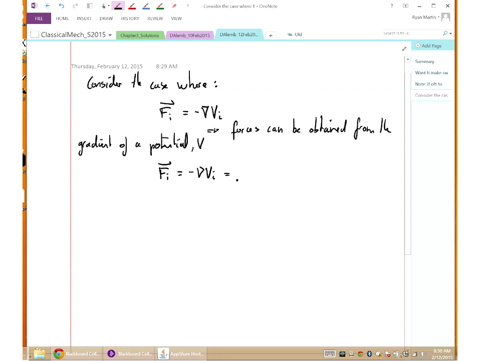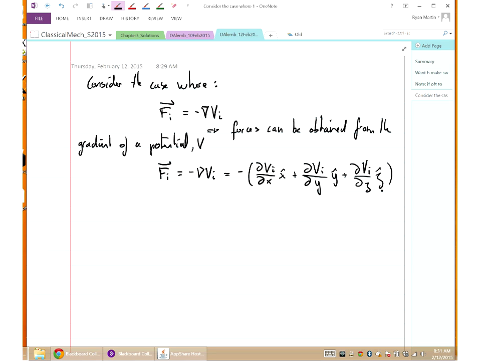Okay, so if I write this as a vector in Cartesian coordinates, then I have minus the gradient. Remember, the gradient of a scalar function gives a vector. So that'll be dVi by dx x hat plus dVi by dy y hat plus dVi by dz z hat. Just like gravity.